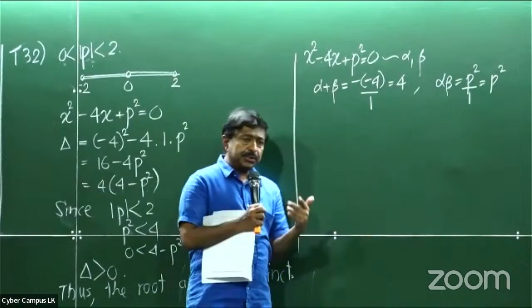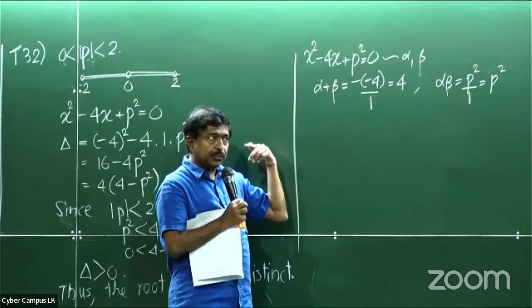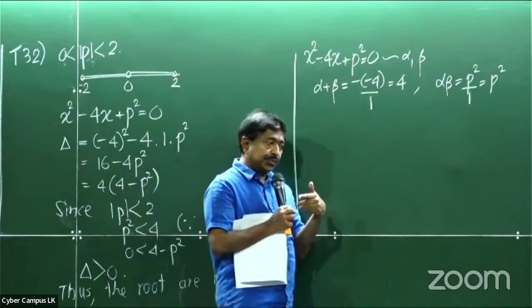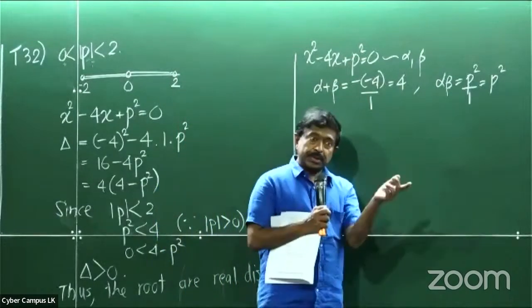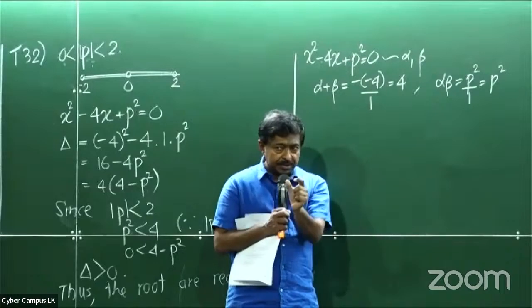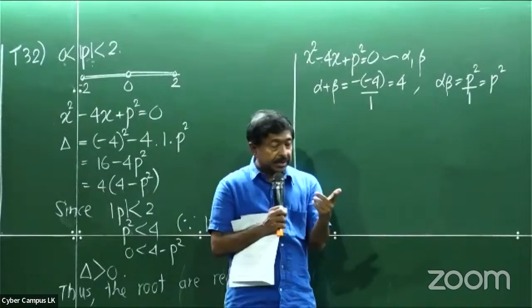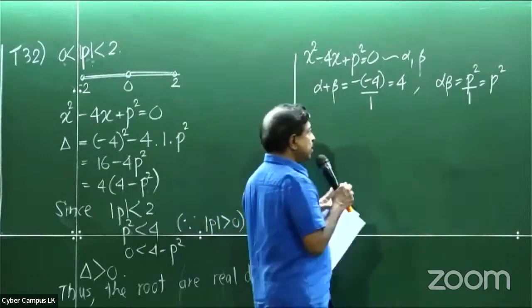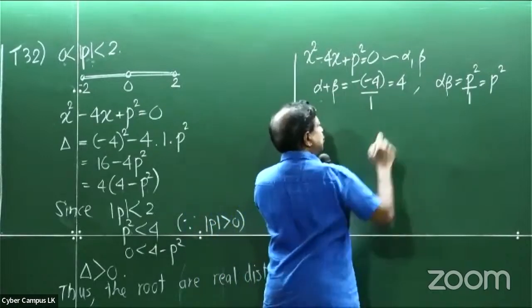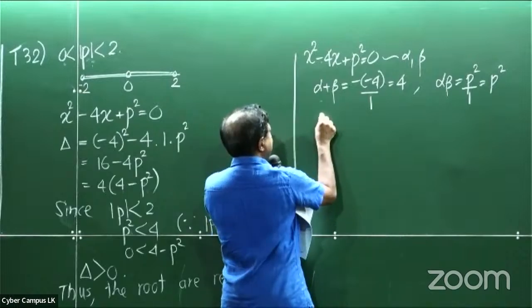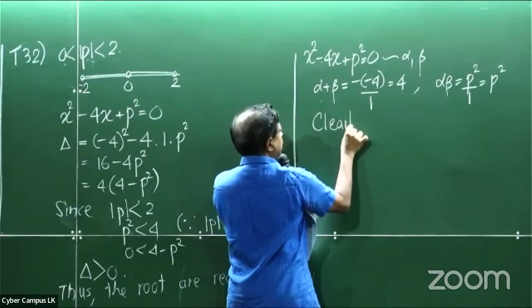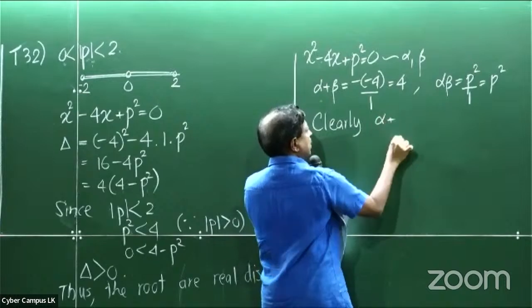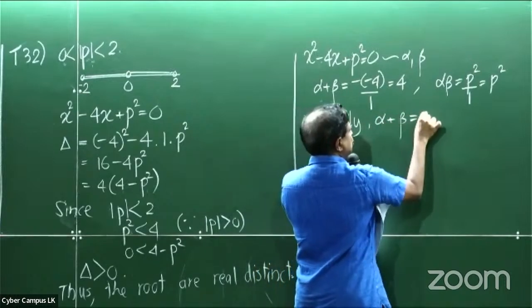Okay, what do you need to show if you want to show that the roots are negative? Both are negative. That means their product should be positive. If both are negative, the product is positive, but the sum is negative. Now, in this case, you need to show that both are positive. Clearly, alpha plus beta is equal to 4, greater than 0.